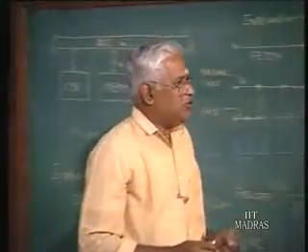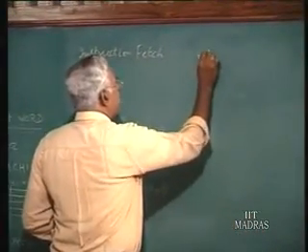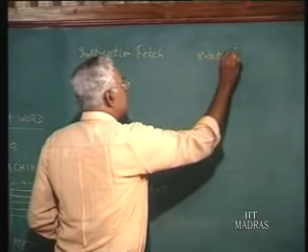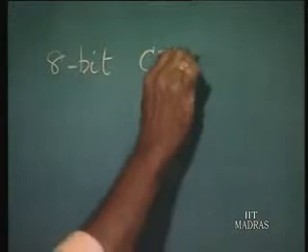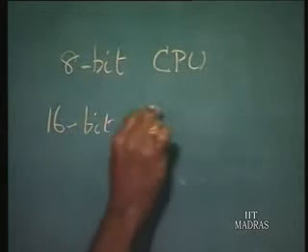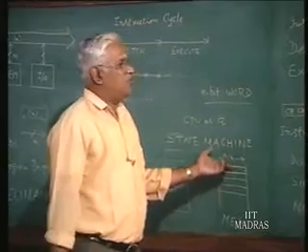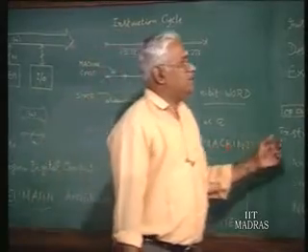Now I'll try to introduce a few things. Suppose we talk about an 8-bit CPU, bit standing for binary digit. Or when I talk about a 16-bit CPU, what is it I'm actually referring to? Then what about the memory? Again, for memory I also have to talk about the width. I'll come to it a little later.